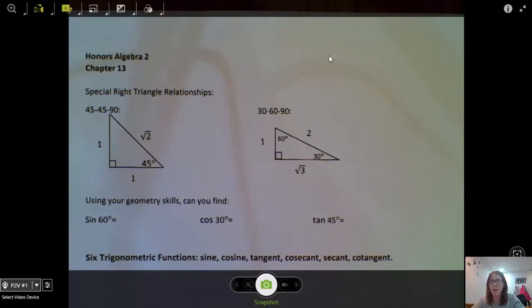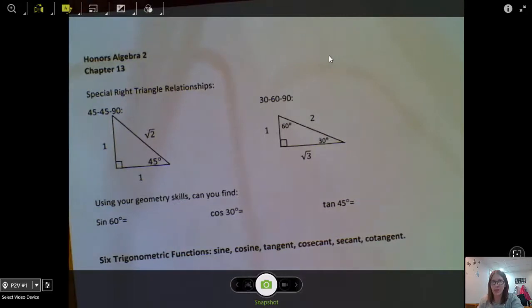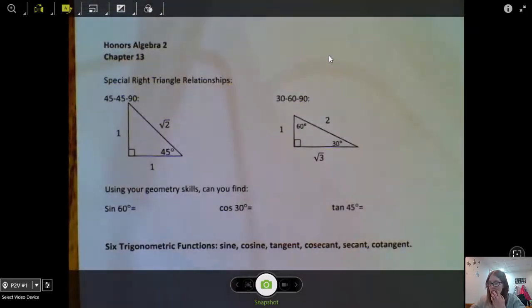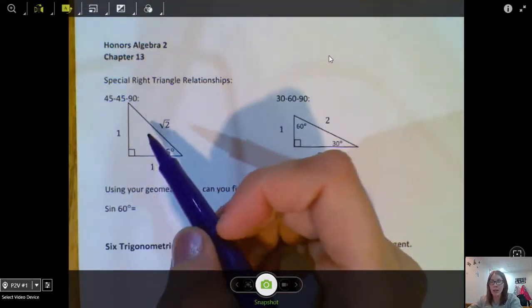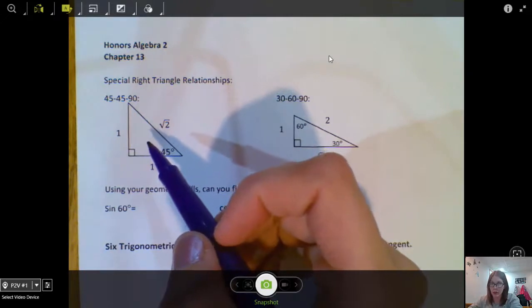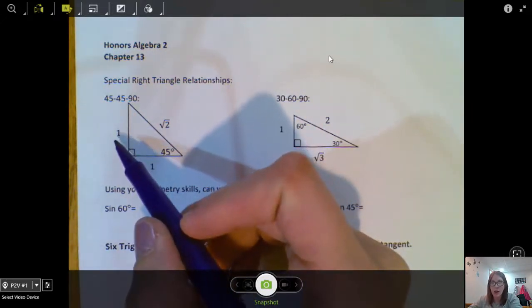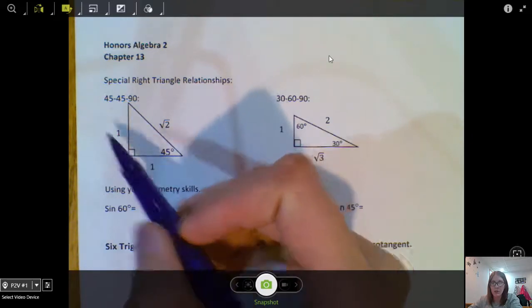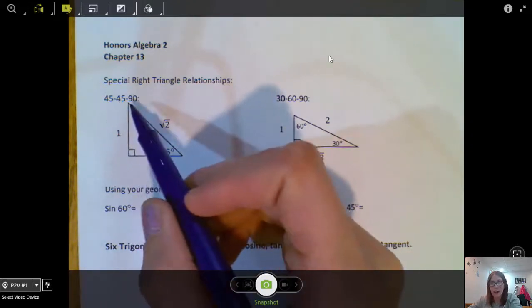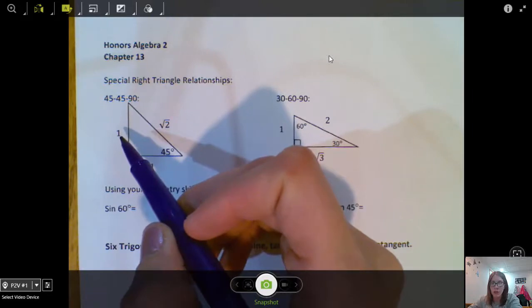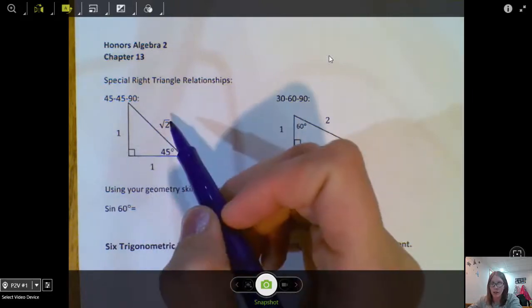Now, reviewing a little bit from things that you've learned in geometry. In geometry, you learned that there are 2 types of special right triangles. And if you have a special right triangle, the sides are always in these ratios. 45, 45, 90 right triangles are in the ratio 1, 1, square root of 2.